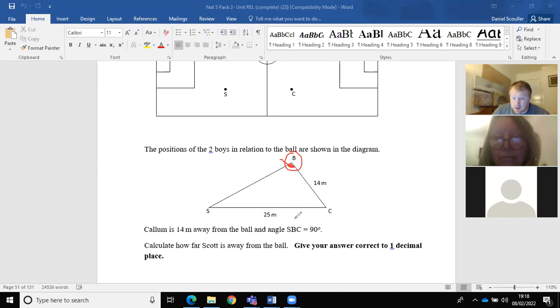So if it's looking for an angle, and it gives you something like SBC, that middle letter is where the angle is. So that angle there that I've circled, that's your 90 degrees. Line S into B, then B to C. So S to B, B to C. B is your middle letter, so B is where your angle's at.